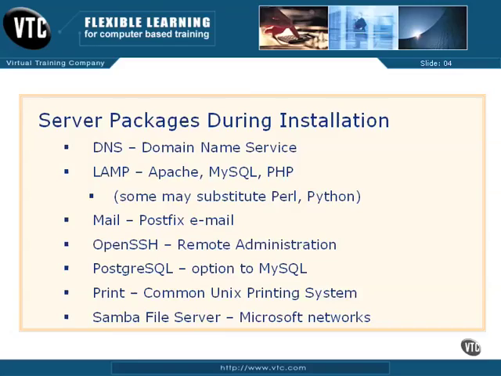The print server option installs the Common Unix Printing System service. Finally, the Samba file server option enables communication on Microsoft-style CIFS networks. CIFS stands for the Common Internet File System.